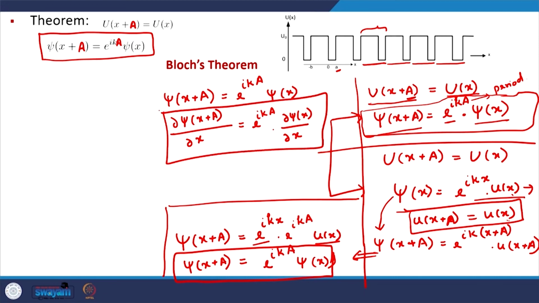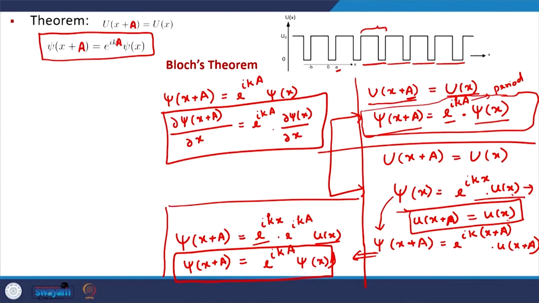So, these two statements of Bloch's theorem are equivalent to each other. In other words, Bloch's theorem can be stated in terms of ψ(x+a), which naturally implies that the same expression holds true for the derivative of the wave function as well. Okay. So, there are two statements of Bloch's theorem, and as we have seen, these two are equivalent, and the implication is that the derivative of the wave function can also be represented in the same form.